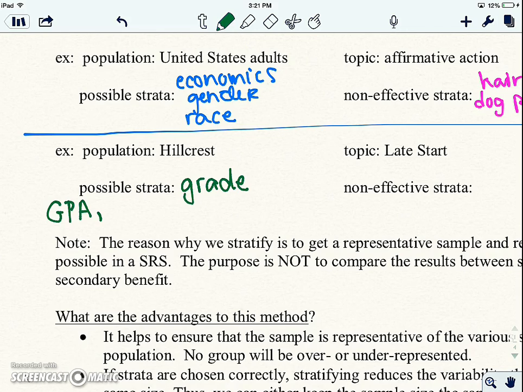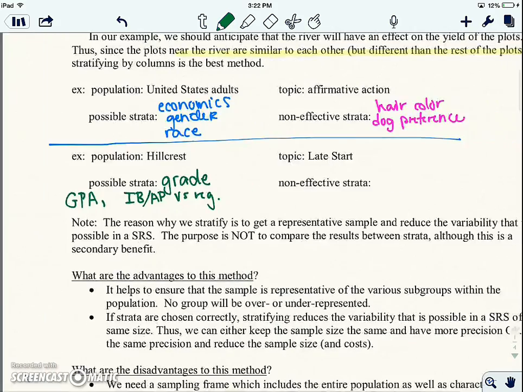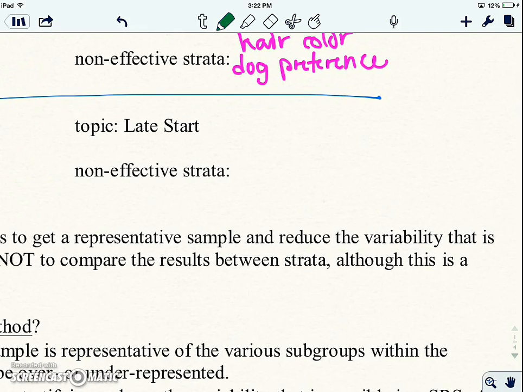You'd have to be careful there, though. Maybe the students with a low GPA like that time to hang out and talk to their friends. I don't know. Okay? Maybe if they're IB, AP versus regular students. Again, those kids may have similar answers. A non-effective strata could be shoe size.